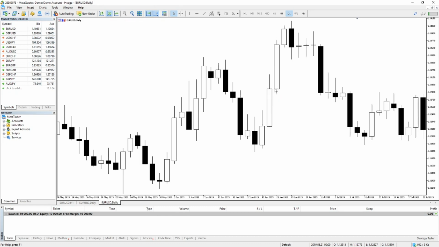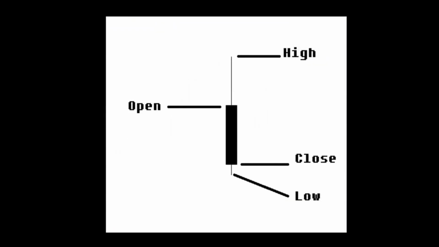So this is opening price, this is low, this is high, and this is closing price. You can see that I marked it like arrows, that this is open price, and this is high, this is close, and this is low.